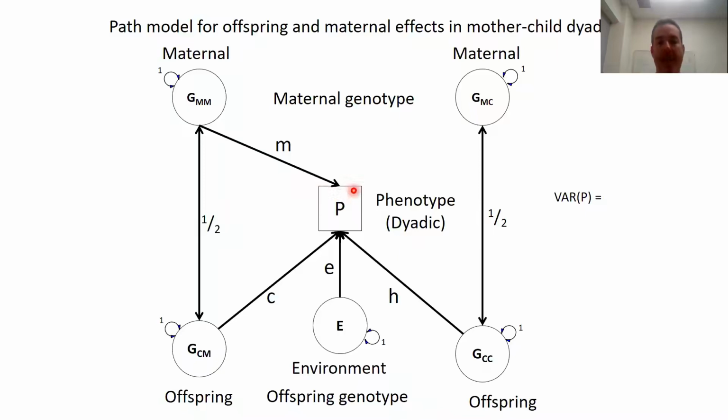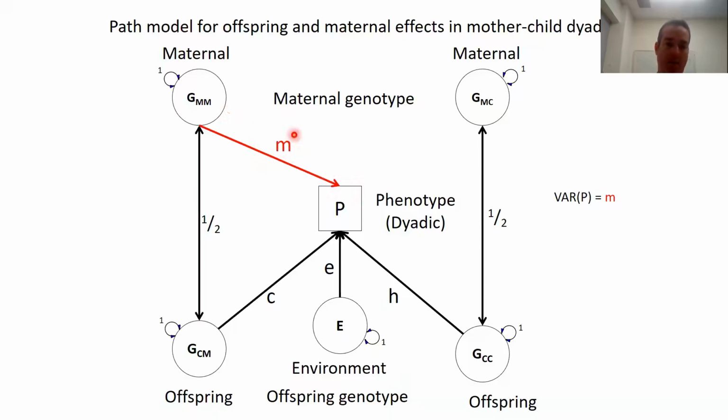We do that for each possible chain of paths, and then we add those different chains together. So let's have a look at the Mgcta example. So one chain back from the offspring phenotype is along this M path.